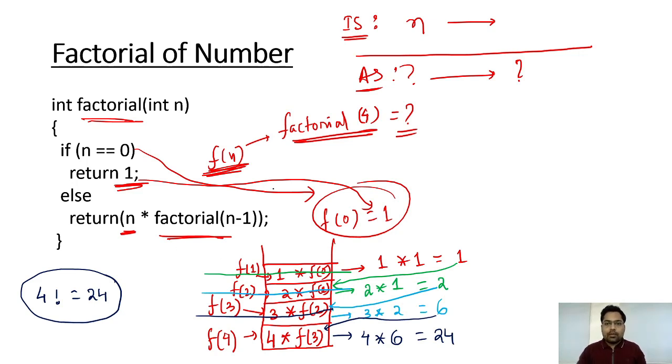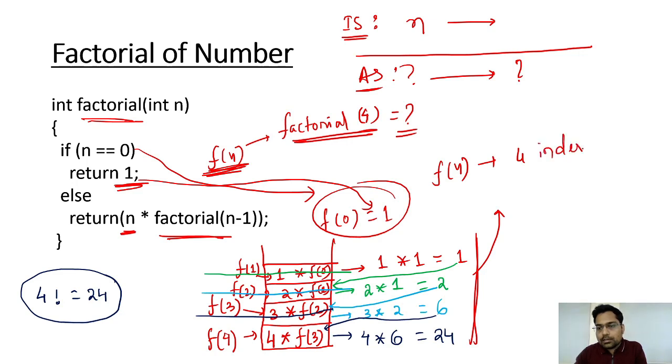The main role we have seen here is the number of indices for a factorial. Four indices are needed for f of 4, so for f of n, n indices.